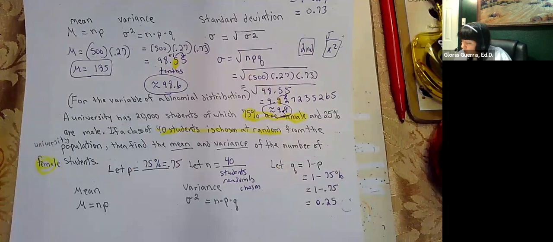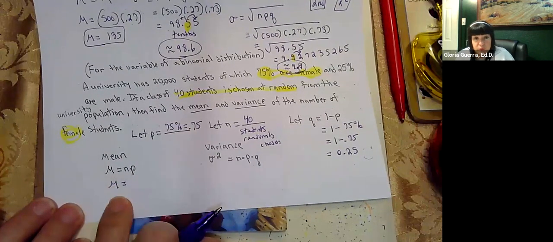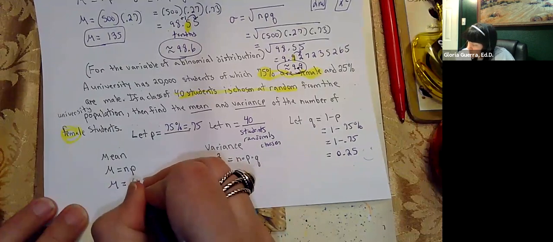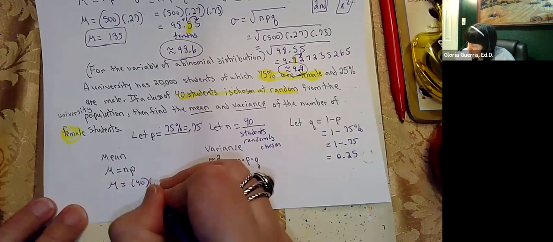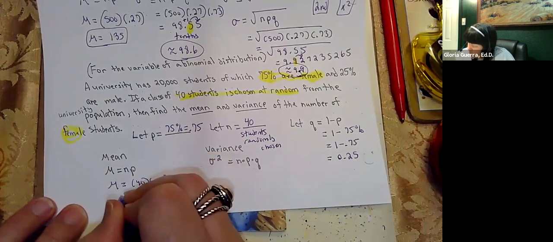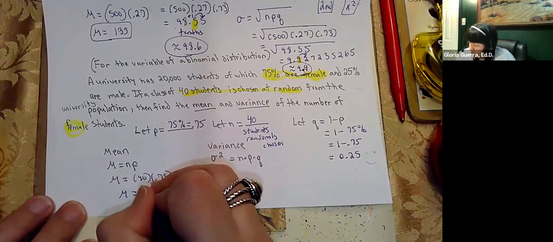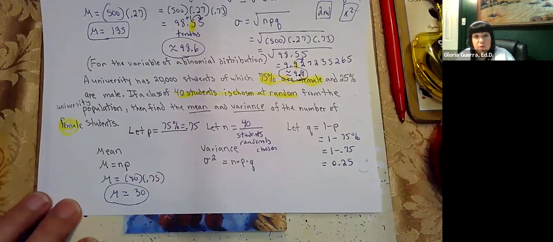So now your mean is your mu. Don't use X bar like chapter 3. Use mu here for these. So mu is N, which is 40, times probability, which was 0.75. And 40 times 0.75 should give you 30. You double check that on your calculator.